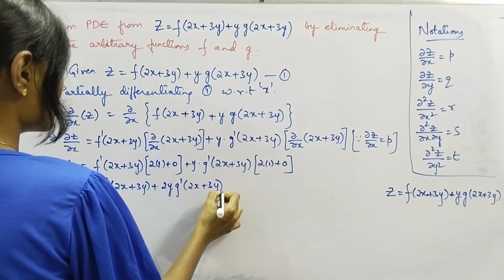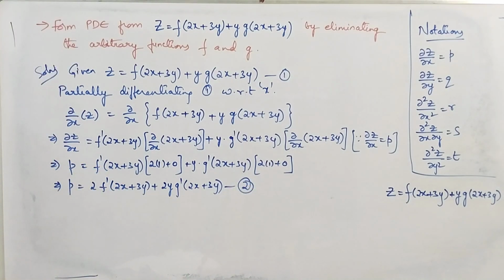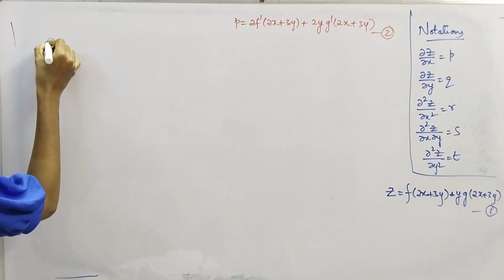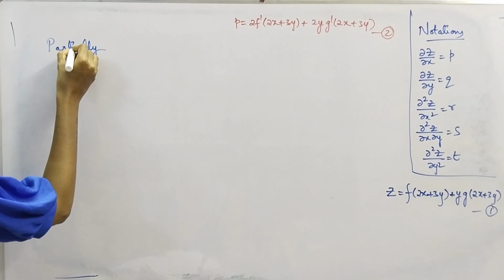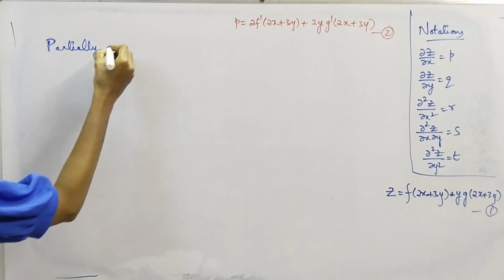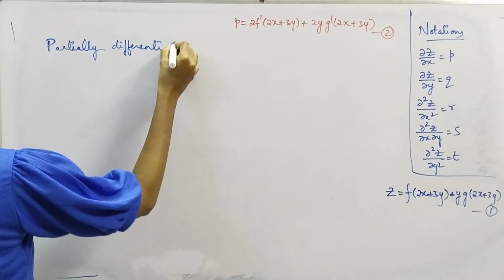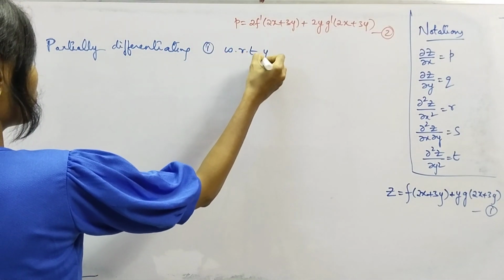Now consider this equation as equation number 2. See, this equation involves p. Now let's partially differentiate 1 with respect to y. Partially differentiating 1 with respect to y.